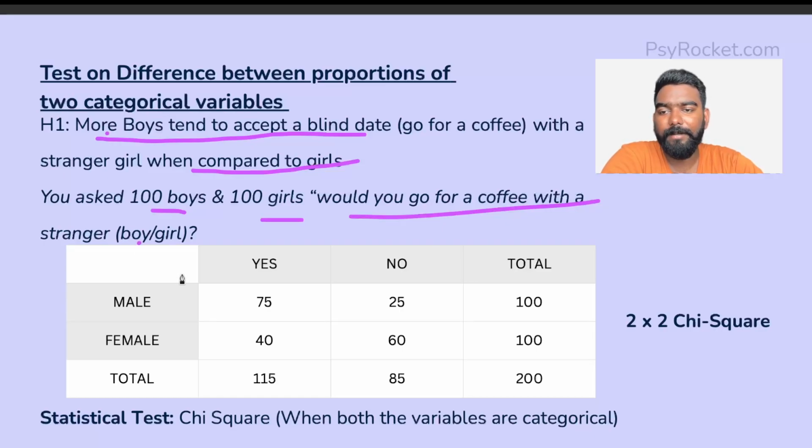Out of 100 males, 75 said yes, 25 said no. And out of 100 females, 40 said yes, 60 said no. So I want to compare both of these results, whether this difference is significant or not. In these cases we will use chi-square, but since there are 2 rows and 2 columns, we will use 2 by 2 chi-square.